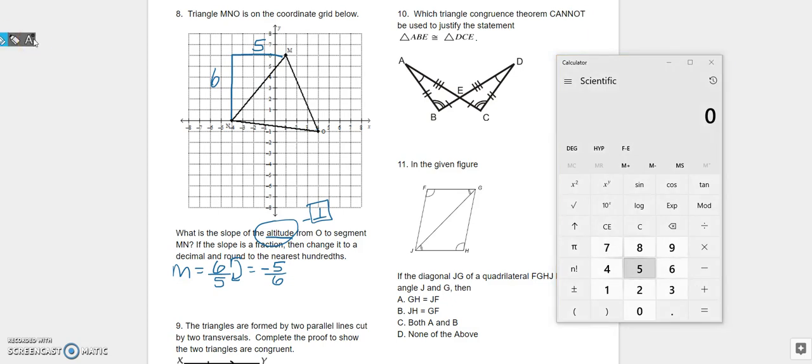Okay, so then all we have to do is type in 5 divided by 6, and it's negative. 5 over 6 equals, it gets -0.833. So if it rounds to the nearest hundredths, that's the second decimal place, so it's going to be -0.83, and that would be my answer.